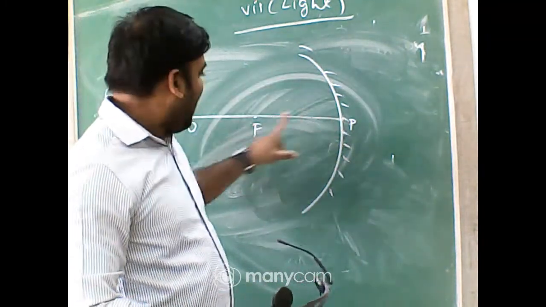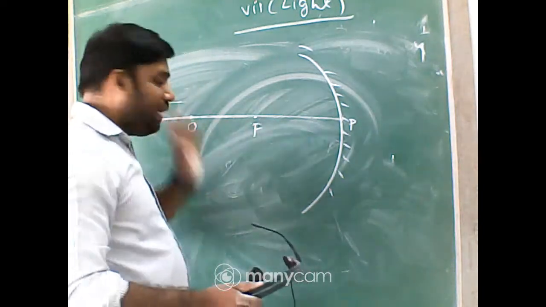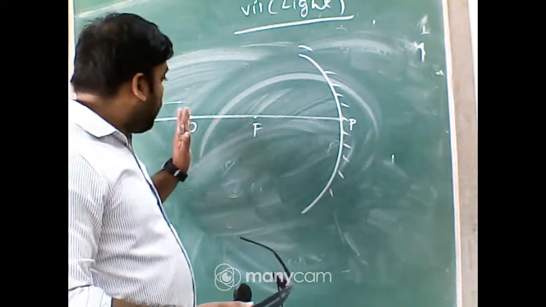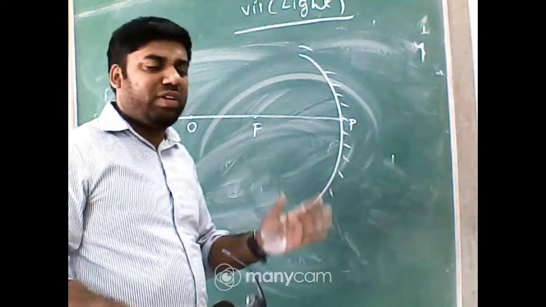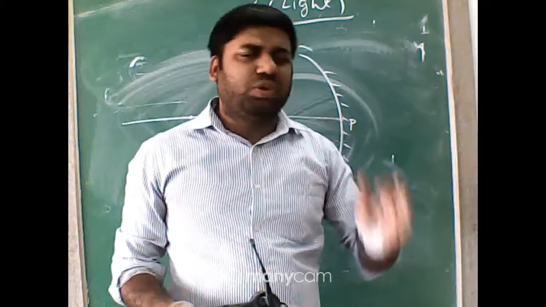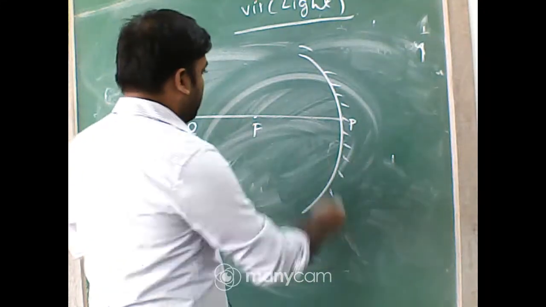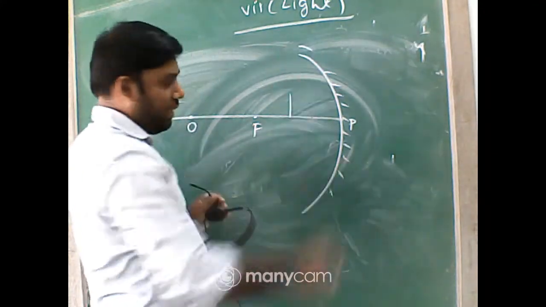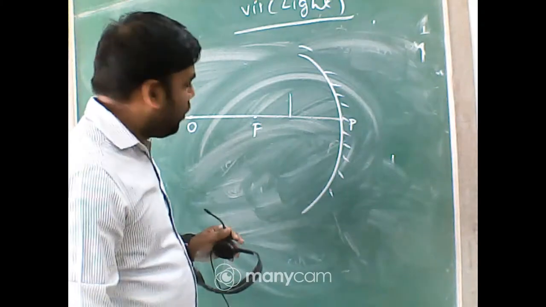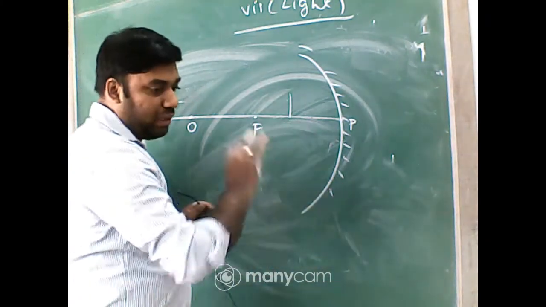So pole, focus, and center of the sphere, or in the higher class we will learn it as center of curvature. Now if any object is kept here, look at the board everyone for its image.